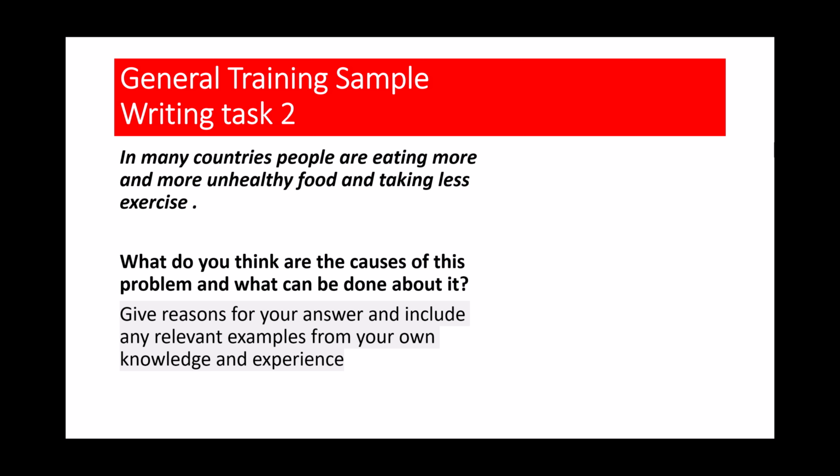In many countries, people are eating more and more unhealthy food and taking less exercise. As you can see, the topic is not that much academic, it's a mainstream topic. What do you think are the causes and what can be done about it? Again, we have to write about the causes and also the solutions.